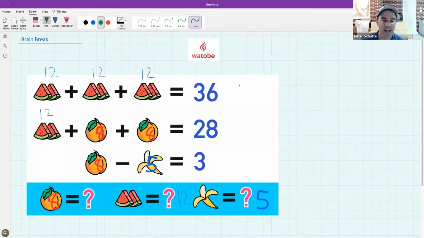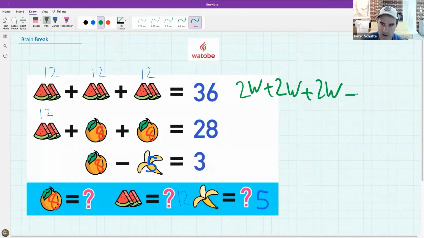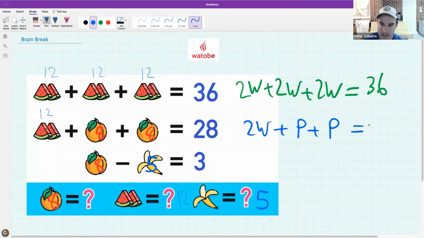So I could write this top line as 2W plus 2W plus 2W equals 36. I could also write the second line as 2W plus P for peach plus P for peach equals 28.